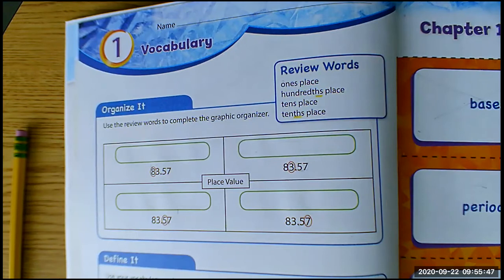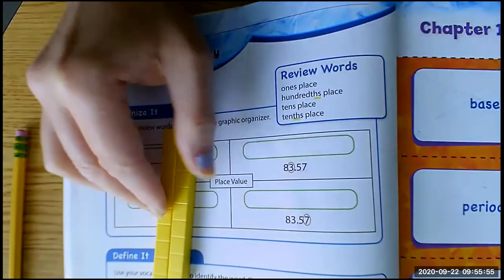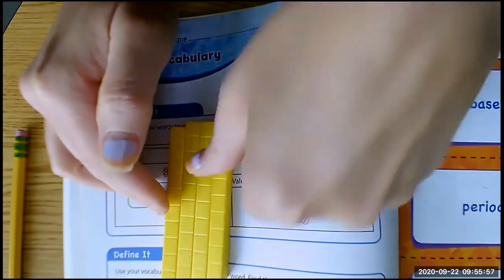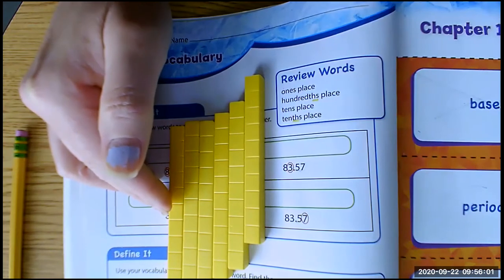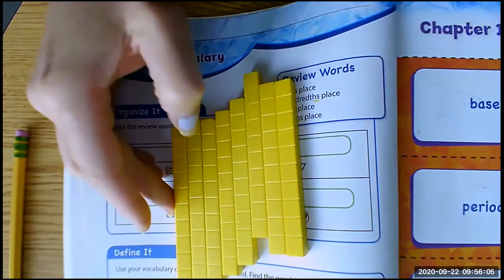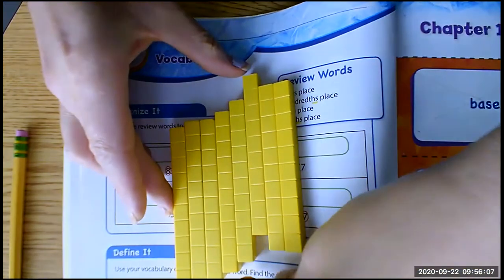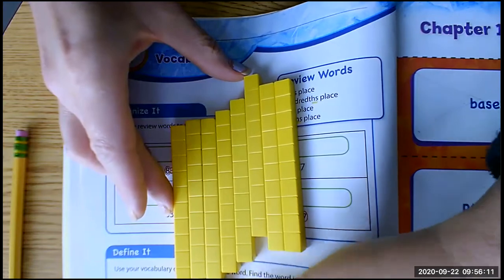We can do that with our base 10 blocks, right? You've seen these 1,000 times. So we would have 10, 20, 30, 40, 50, 60, 70, 80, and then we have our 3 units, our 3 ones, right? 1, 2, 3.